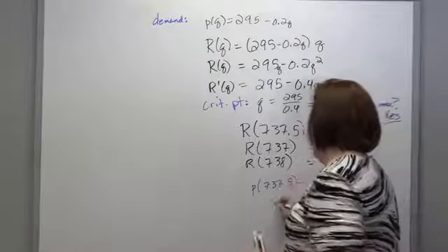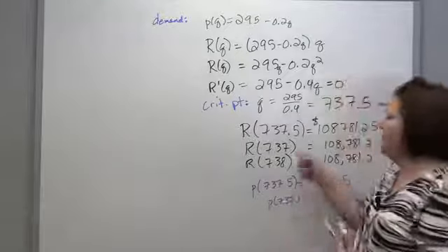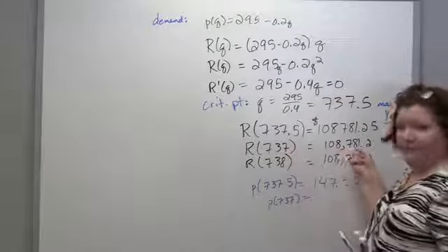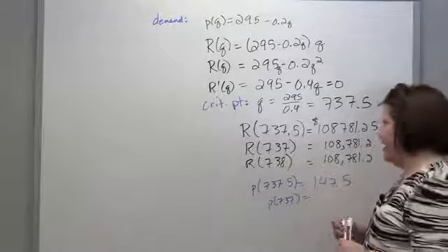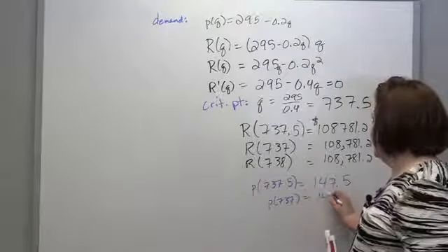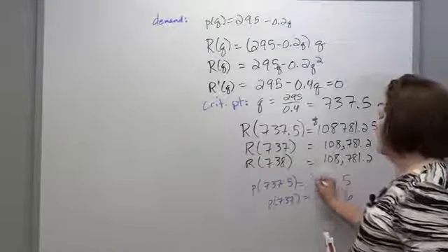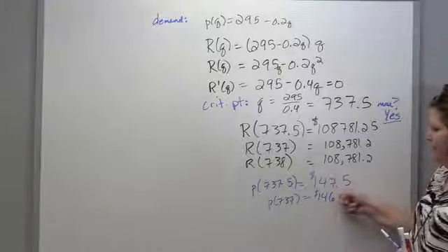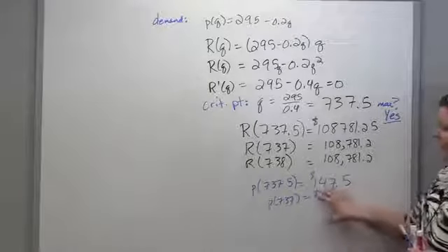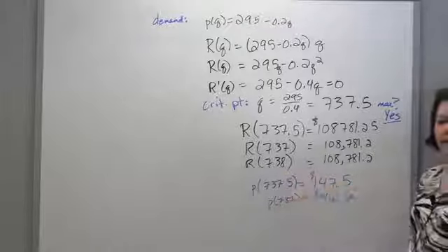It might be easier to produce 737 to maximize than 738. So we'll put in 737, and this is how much we should charge if we want to sell this many items.